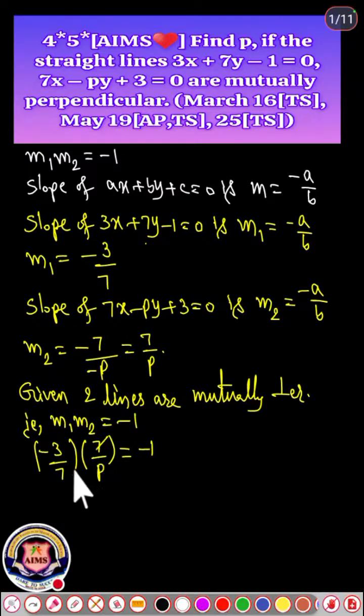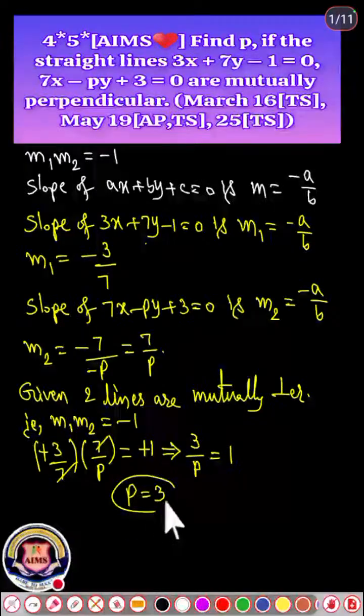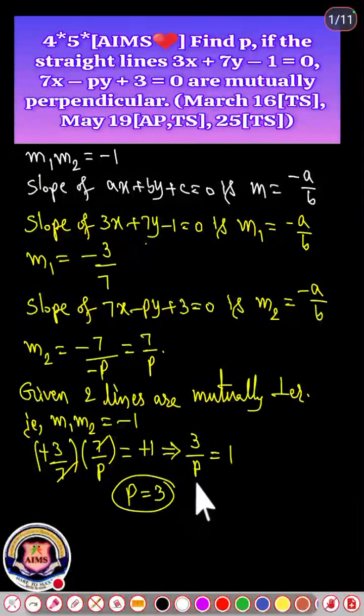Here the 7 gets cancelled, and the minus on the left and right sides cancels, leaving 3/p = 1. Cross multiply, we get p = 3. This is the required value.